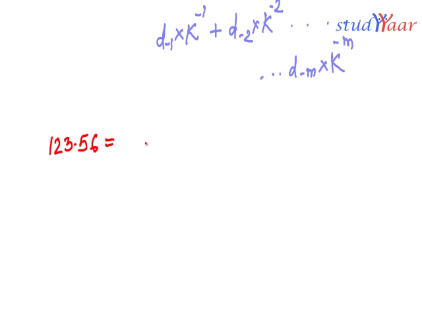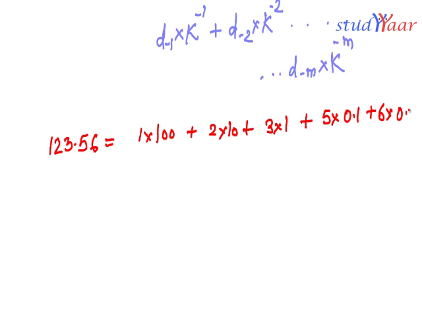It is basically this 1 into 100 plus 2 into 10 plus 3 into 1 plus 5 into 0.1 plus 6 into 0.01, right? This is 100 plus 20 plus 3, which is equal to 123, plus 0.5 plus 0.06, which is 0.56.